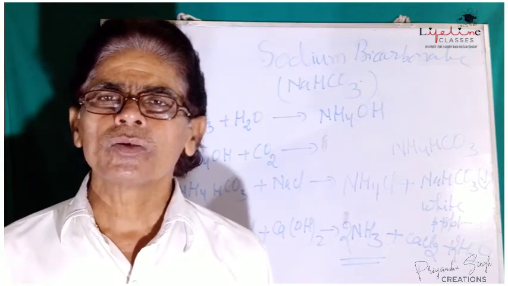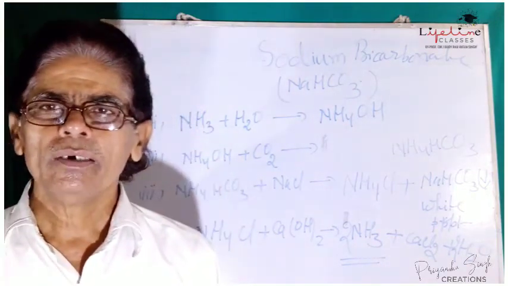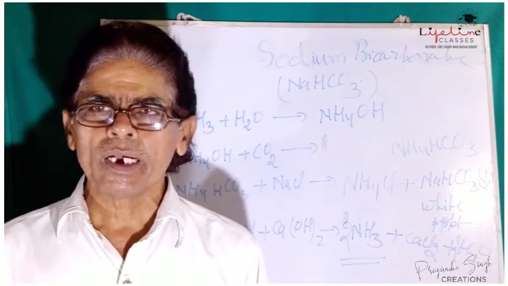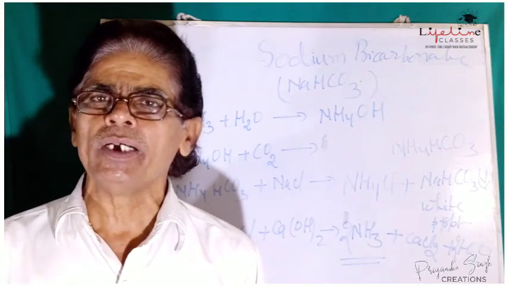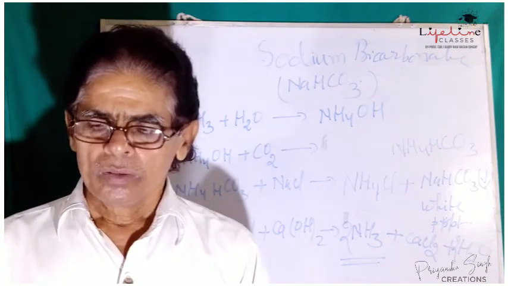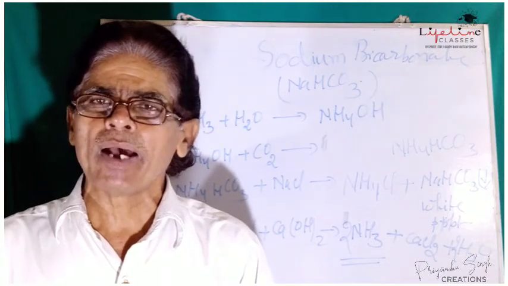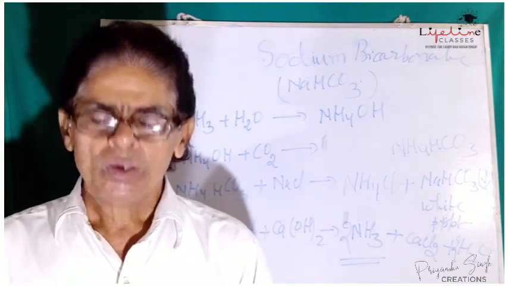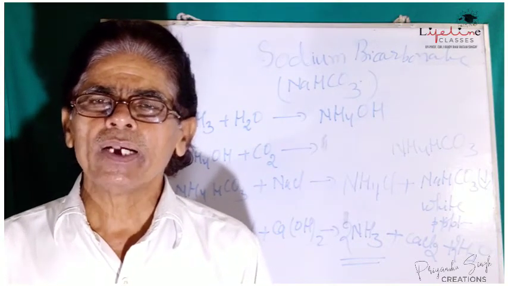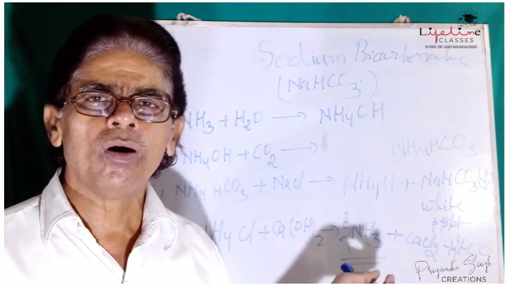So, how is washing soda obtained? Let us try to understand. It is based on the same process, that is the ammonia process, which we have already discussed to obtain sodium bicarbonate. So, the process of obtaining sodium carbonate and bicarbonate is common. In the previous stage, we obtained sodium bicarbonate as already discussed.